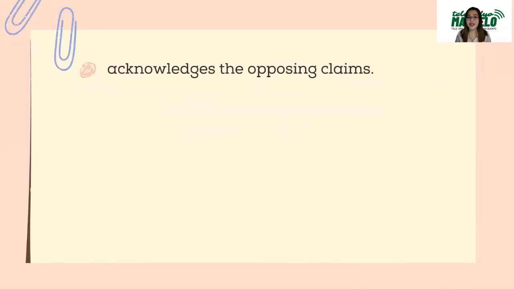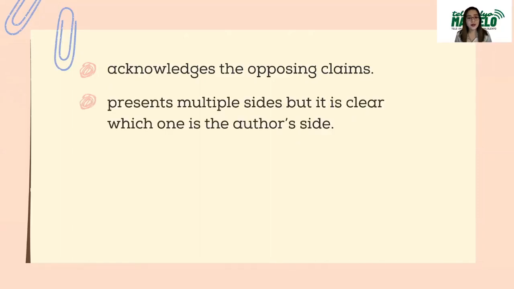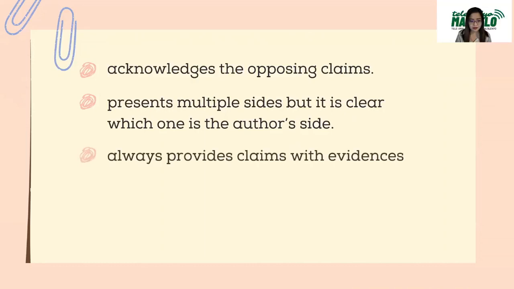Unlike persuasive text, argumentative text acknowledges or accepts the opposing claims. And it also presents multiple sides, but it is clear which one is the author's side. It also provides claims with evidences.